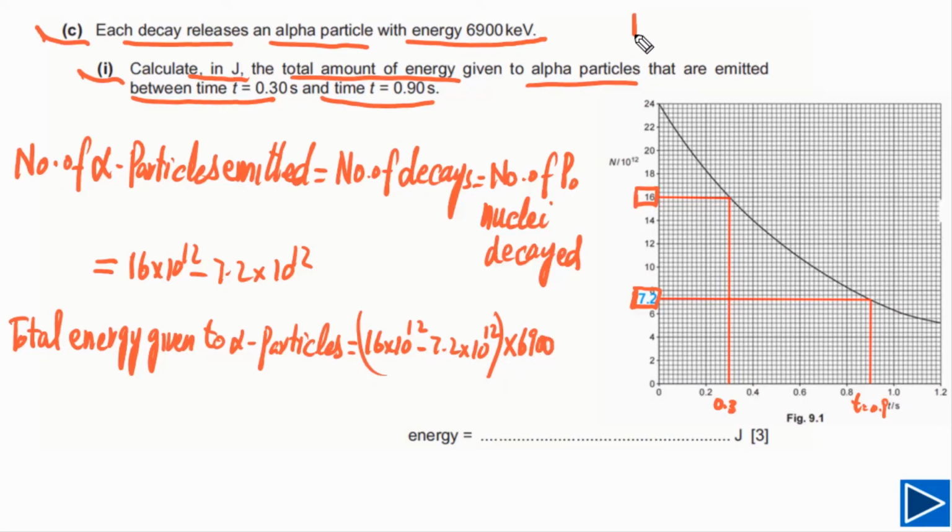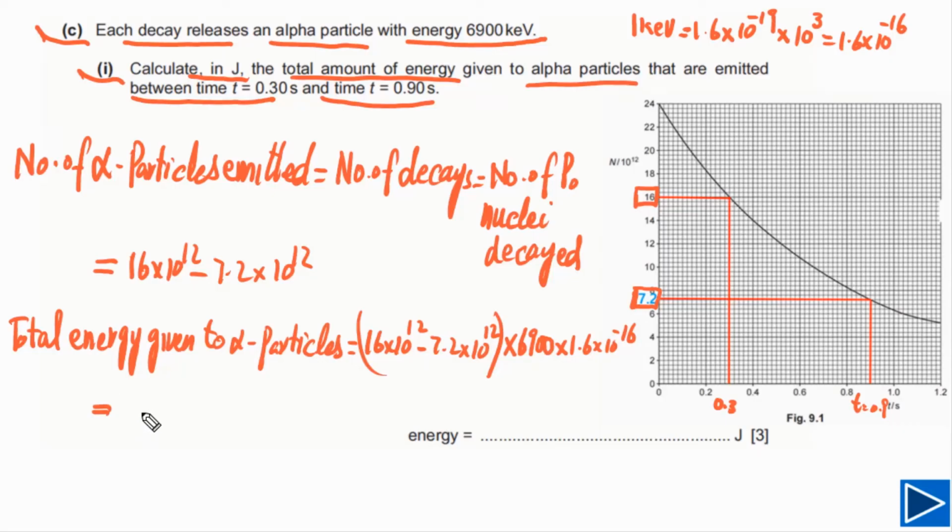Now we have to convert kilo electron volts into joules. 1 electron volt is 1.6 times 10 to negative 19 joules. This is kilo, so we multiply by 10 to the 3. So simply this will be equal to 1.6 times 10 to negative 16. So we have to multiply here with 1.6 times 10 to negative 16.